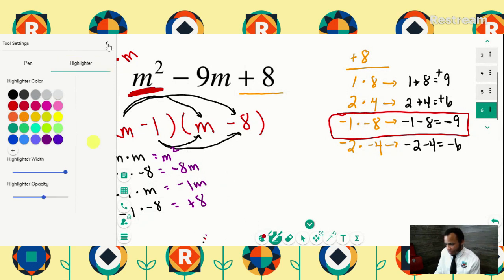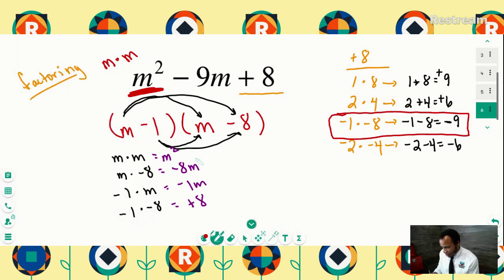We have these two as like terms. So -8m minus 1m equals, they have the same sign, so negative, and 8 plus 1 gives you 9.